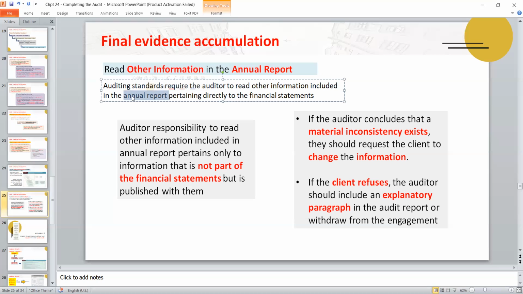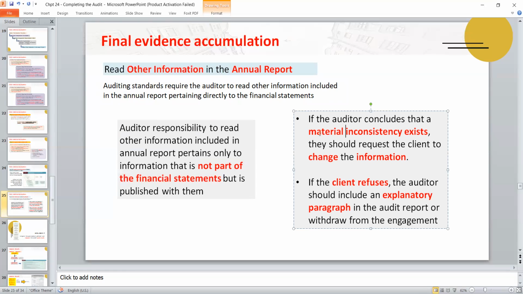The materiality itself will eventually go to the opinion creation. So the auditor is responsible to read the other information included in the annual report that is not part of the financial statement. So it is non-financial information. You need the non-financial information to make an opinion in the end.